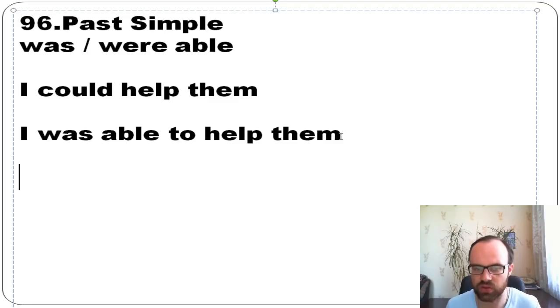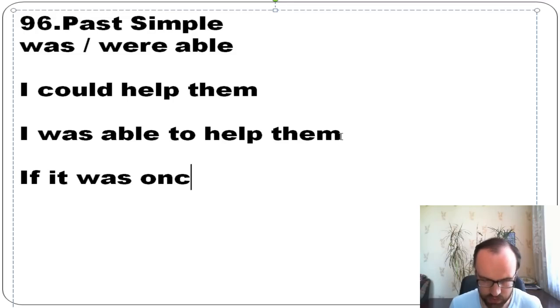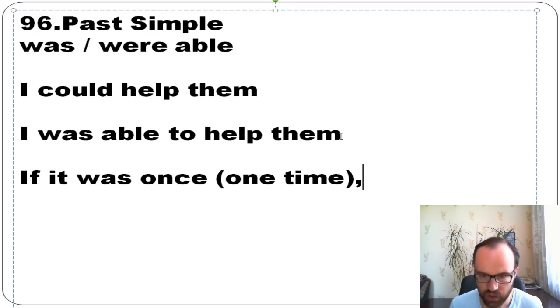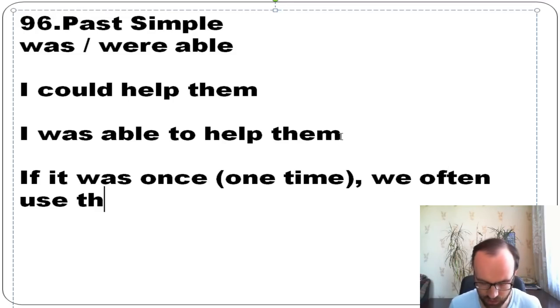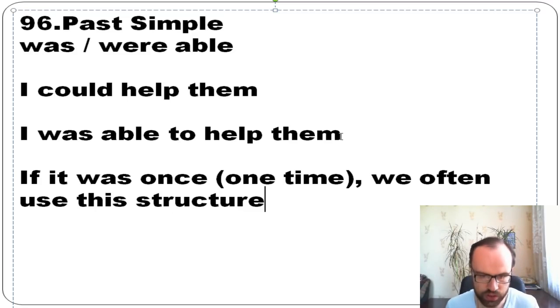If it was once, or one time, we often use this structure, I mean was or were able. So I could help them, and I was able to help them. It's one time. That's the difference. Okay, next, and it's possible to say it in the future, because you know that can is for present.